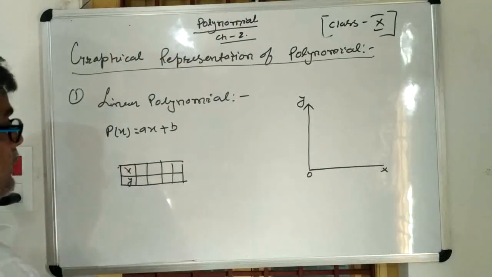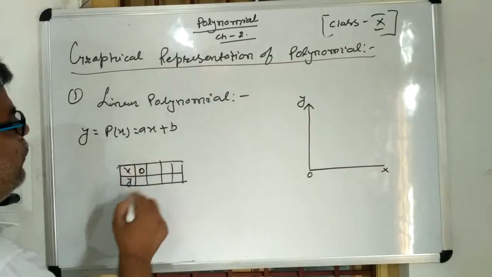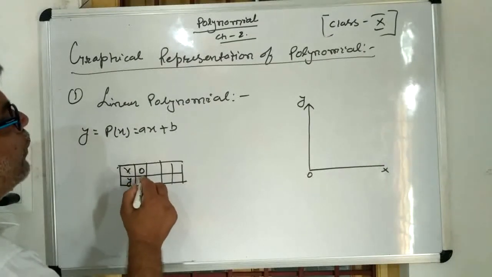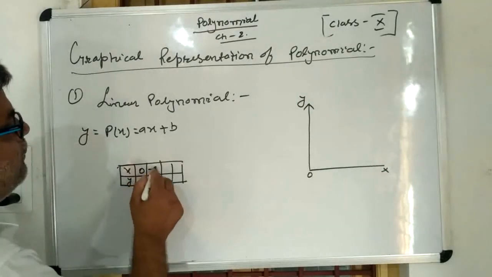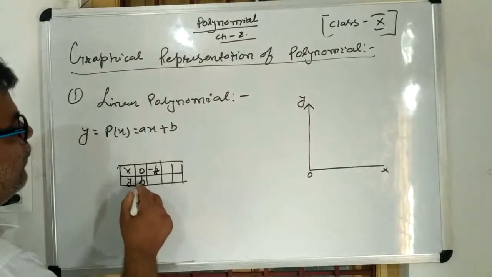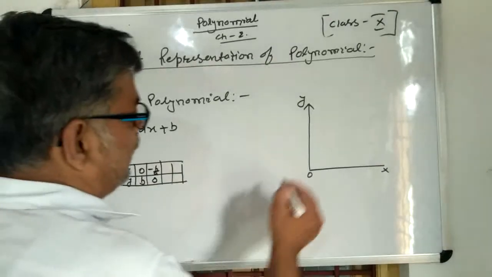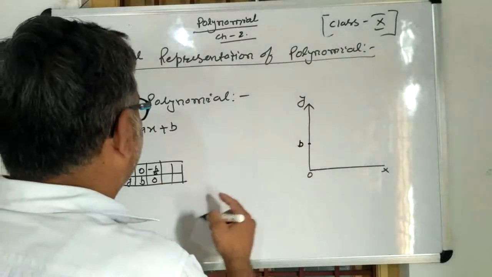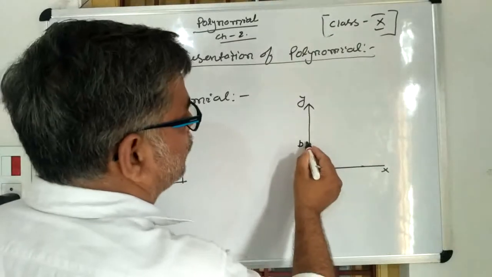When x equals 0, then y equals b, and when x equals minus b by a, then y equals 0.